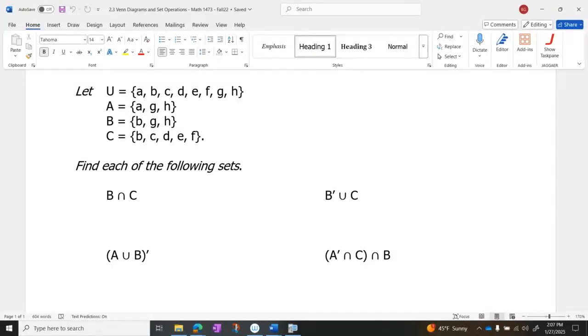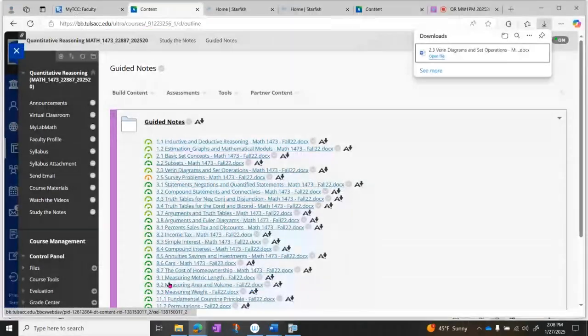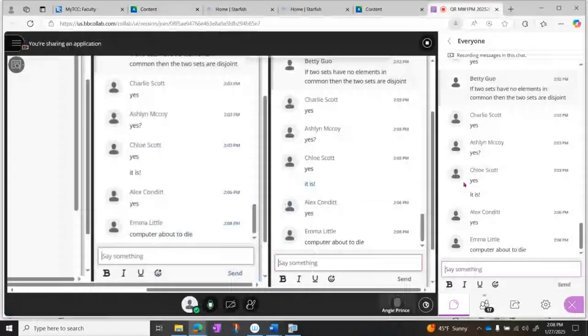Set B contains b, g, h. Set C contains b, c, d, e, f. So we have that information given. We need to find the following sets and write them in roster method. Okay, let's start from the first one. Number 1, number 2, number 3, number 4. I'm labeling them like this.